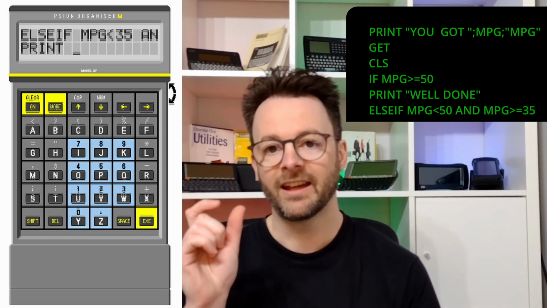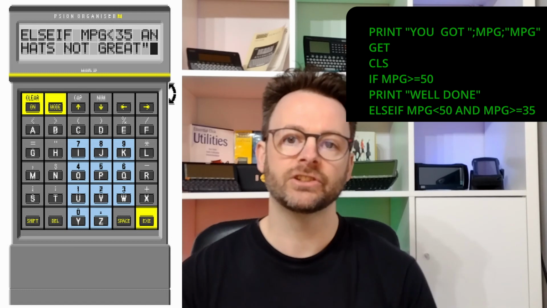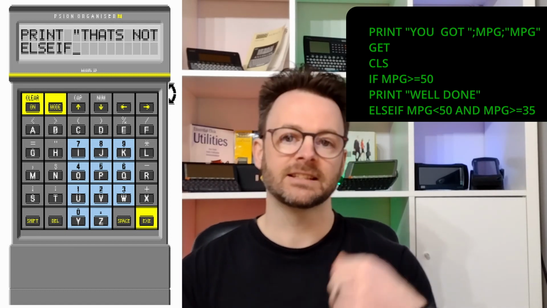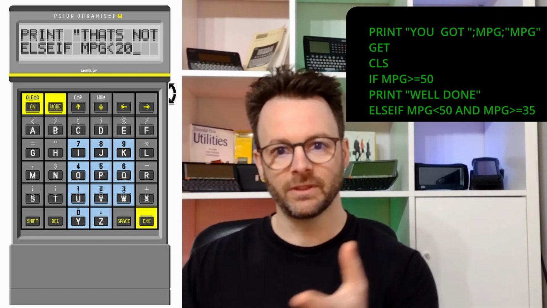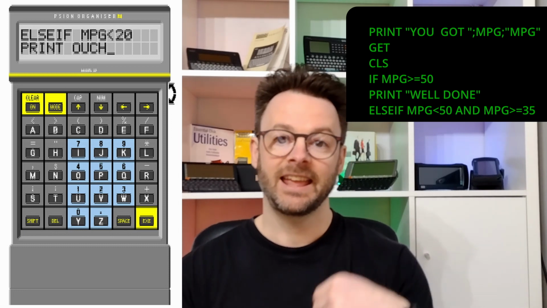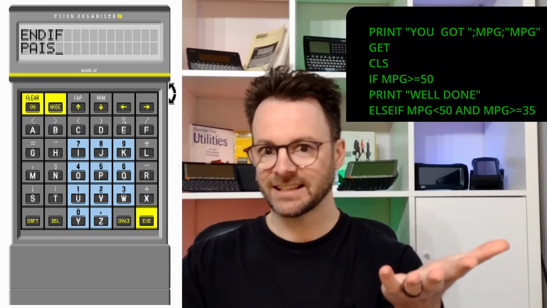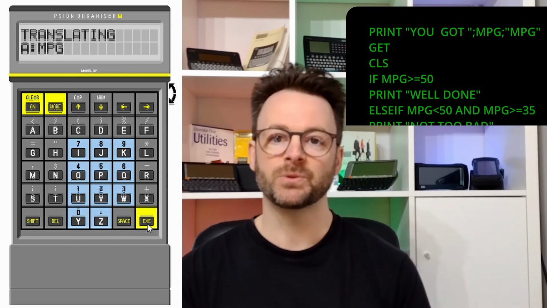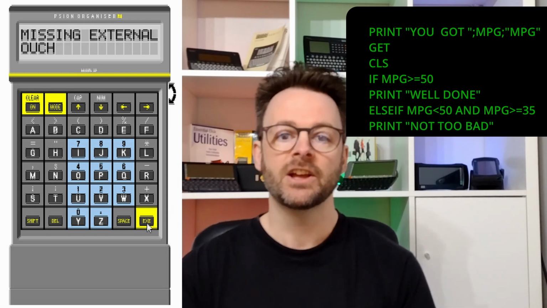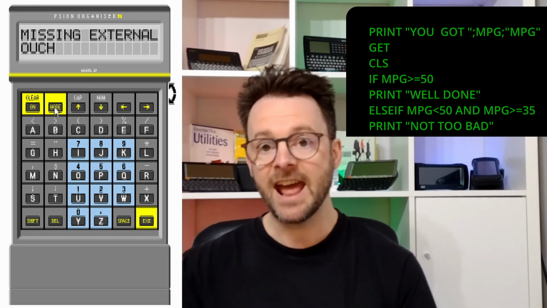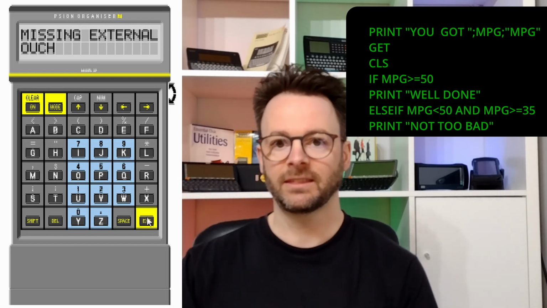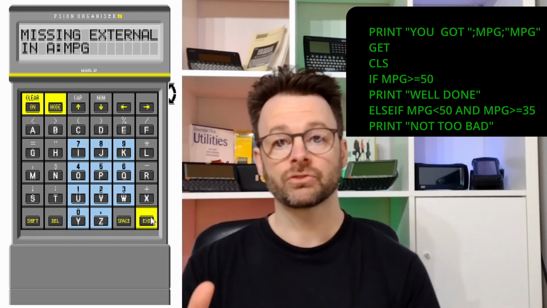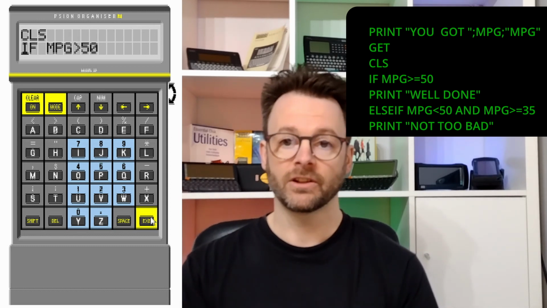We're going to put an and in, and what the and does is instead of an or which says if this or that, do the other, this says if this and that, I want you to continue this program. So in this case, we're bracketing the numbers between 50 and 35. So we want less than 50 and greater than or equal to 35. And if that's true, then we're going to print not too bad.